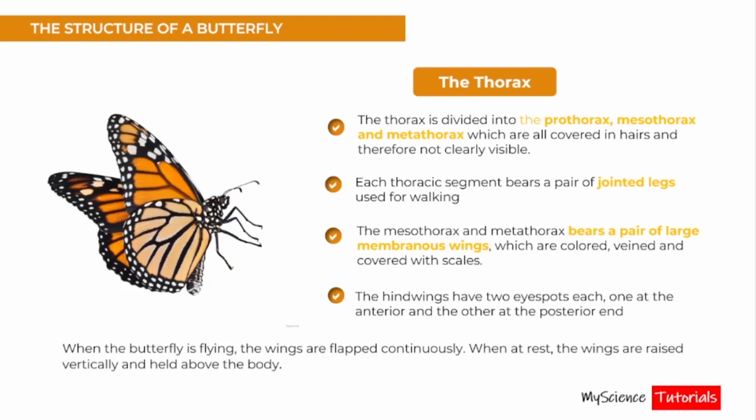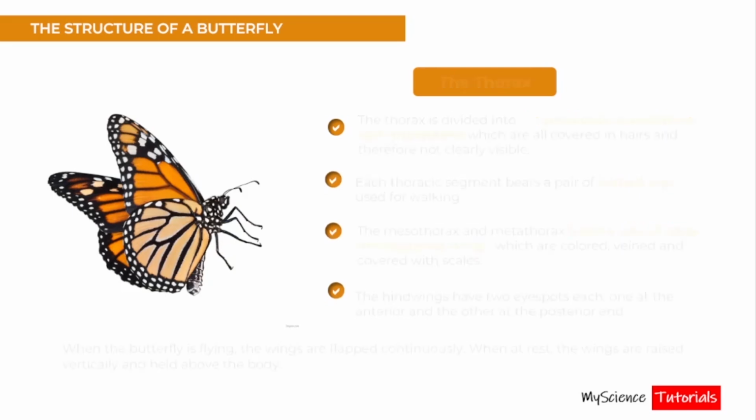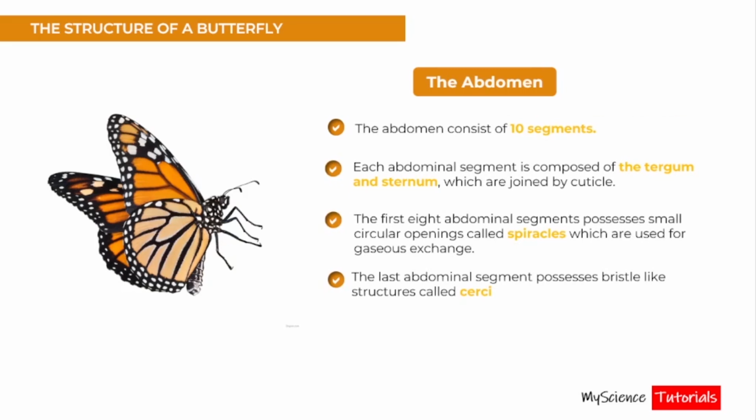The hind wings have two eye spots each, one at the anterior and the other at the posterior end. Now, when a butterfly is flying, the wings are flapped continuously, and when at rest, the wings are raised vertically and held above their body.